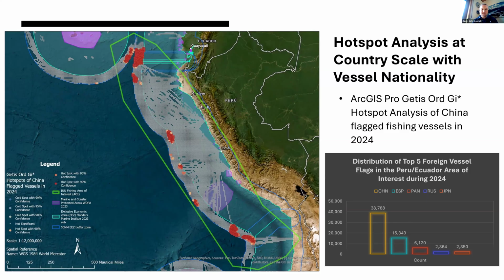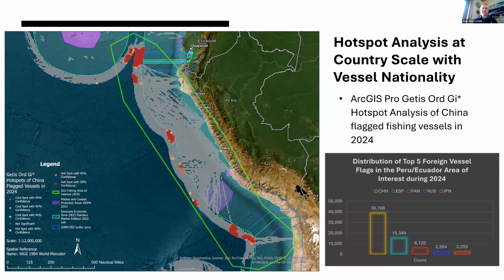If you'll notice, looking at the legend, the lighter teal line is the exclusive economic zone, and I created a 50 nautical mile buffer because just outside of that EEZ is what's called unregulated fishing.